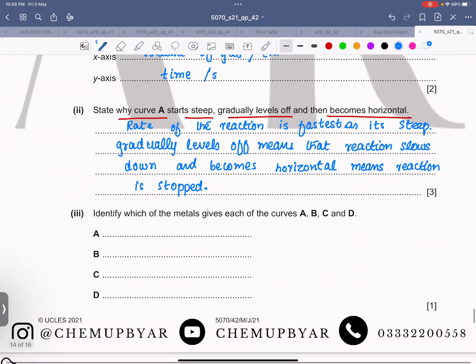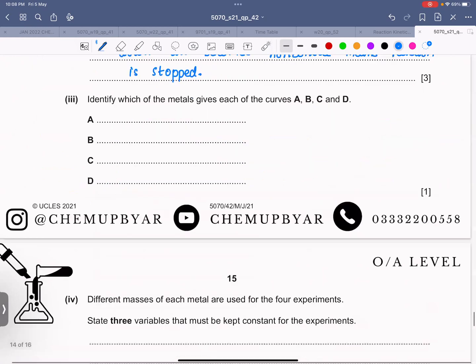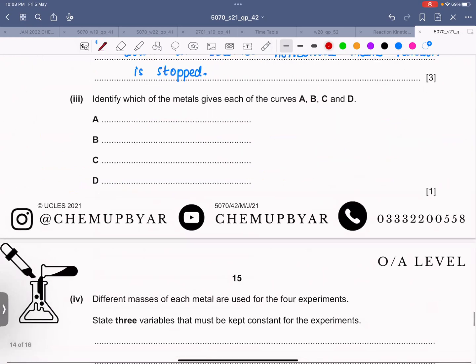Now, identify which metal gives each of the curves A, B, C, and D. Okay. So if you see it based on the reactivity, calcium must be the most reactive one.